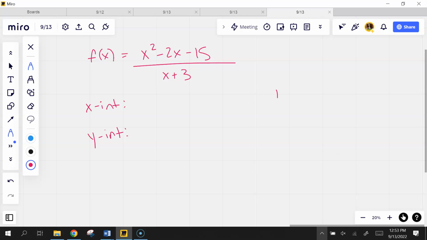Then I want you to tell me any holes and any vertical asymptotes. Don't worry about horizontal asymptotes right now. We haven't talked about that again. Just vertical asymptotes, holes, Y-intercept, X-intercept.